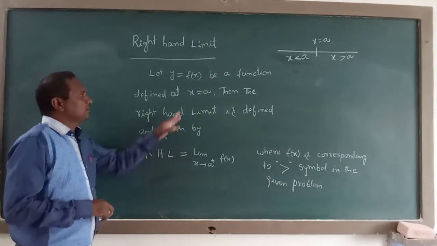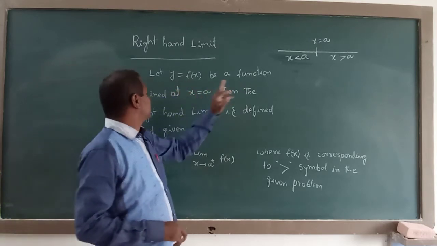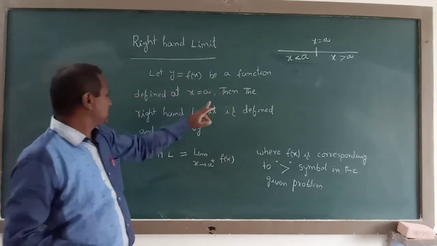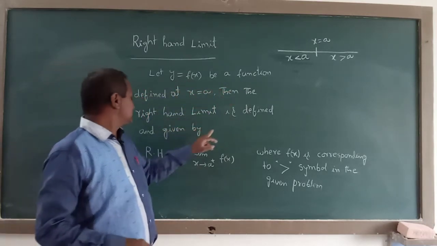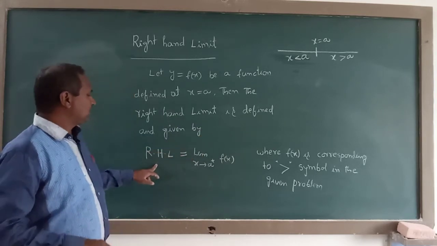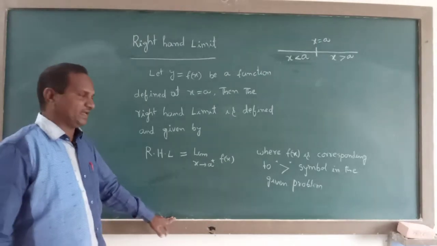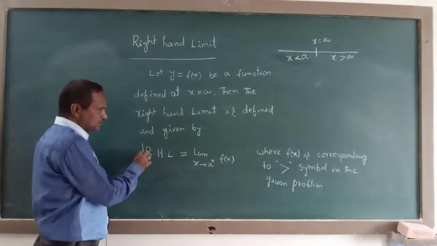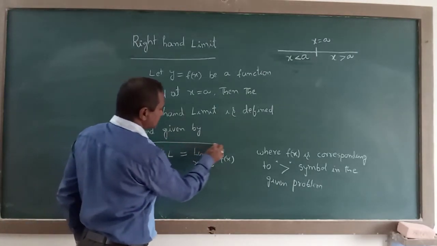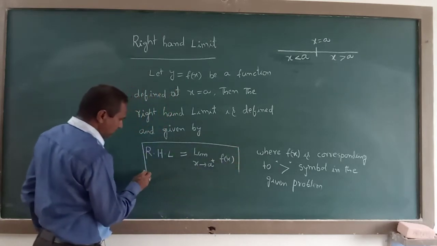That is, let y is equal to f of x be a function defined at x equal to a. Then the right hand limit is defined and given by RHL is equal to limit x is tending to a plus f of x, where f of x is corresponding to the greater than symbol in the given problem.